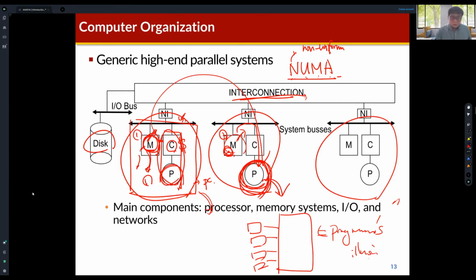So if the data is accessed from a different core, it will take a very long time. Why did I mention long time? Because it's related to the performance of a computer system. So it's the programmer's illusion, but the programmer's illusion is different from the real configuration.